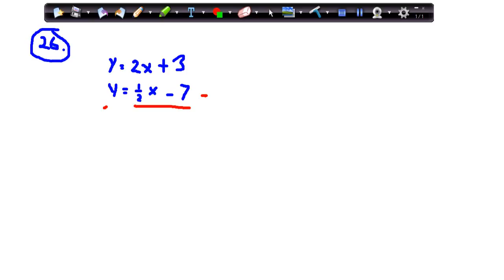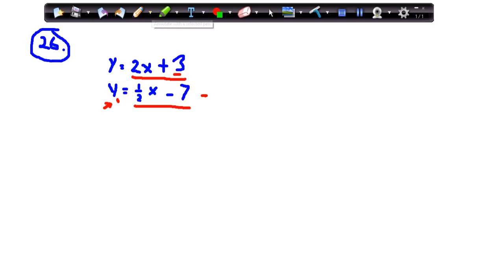So this y, we're going to change it to 2x plus 3. Whatever value we come up with for x, we're going to solve for y in the first equation. So let's do the first thing first.